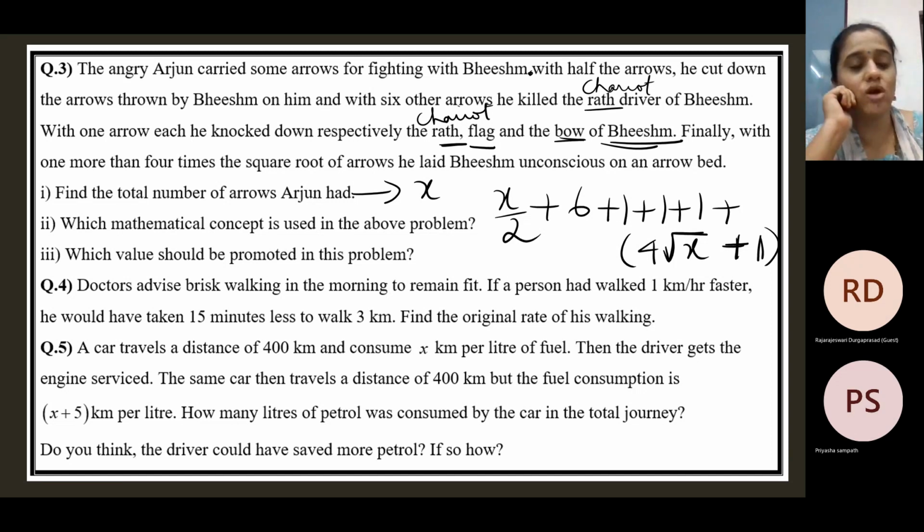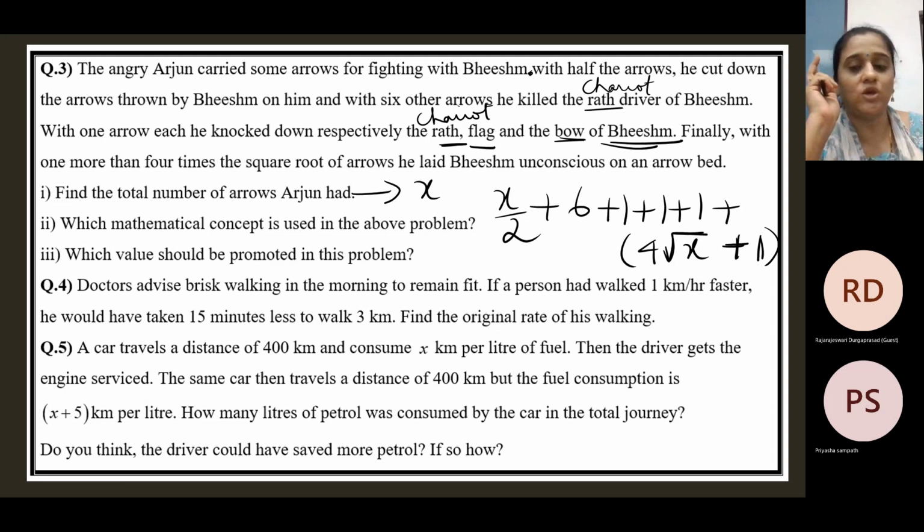So the fourth one says doctors advise brisk walking in the morning to remain fit. If a person had walked 1 kilometer per hour faster, he would have taken 15 minutes less to walk 3 kilometers.